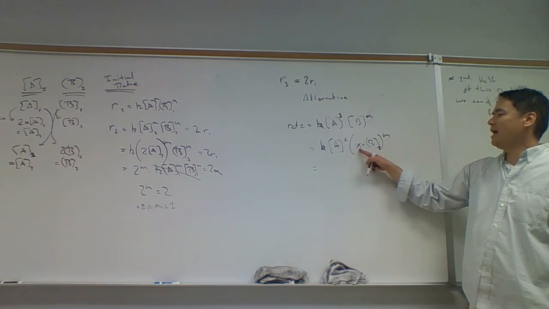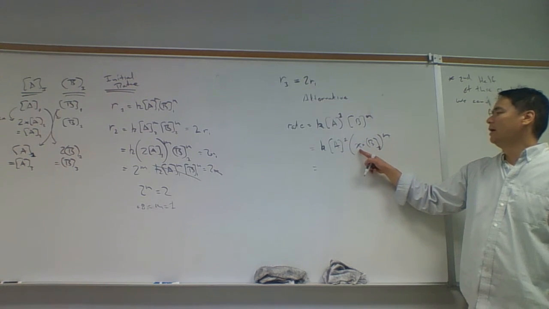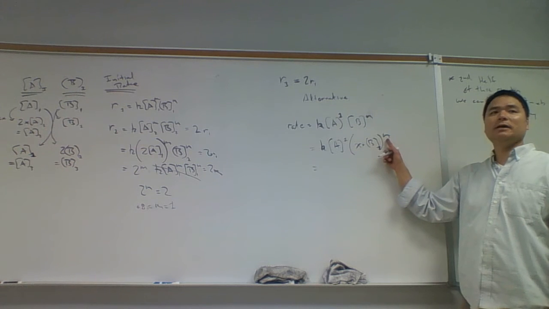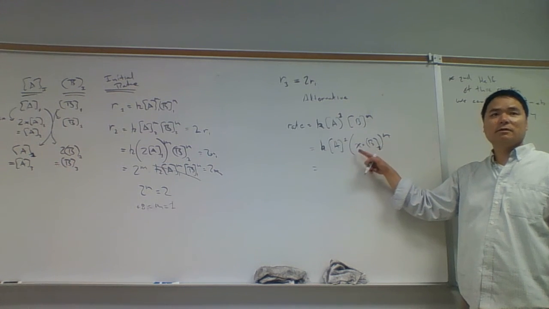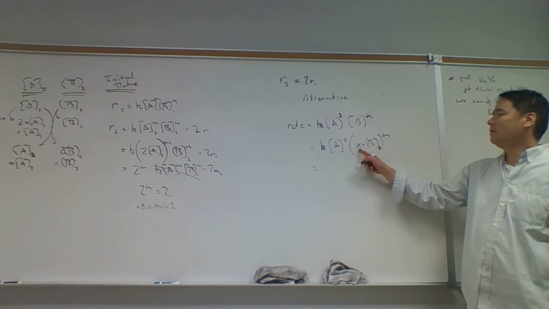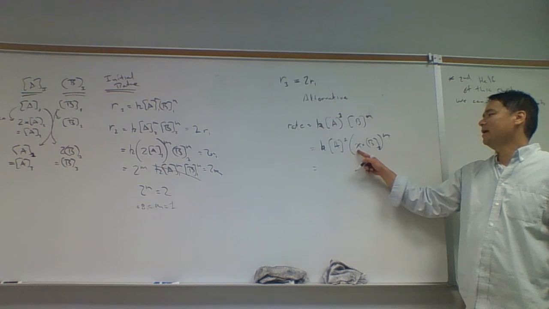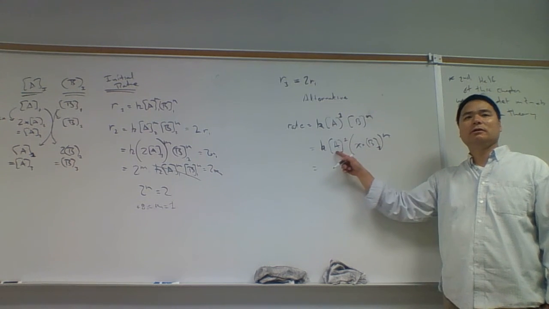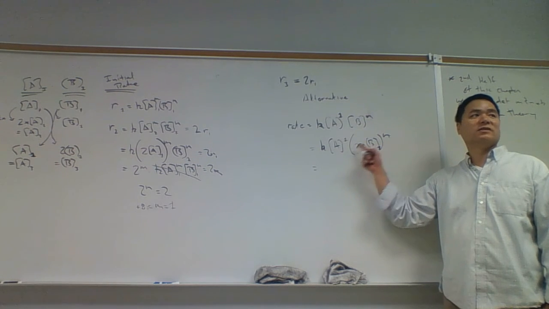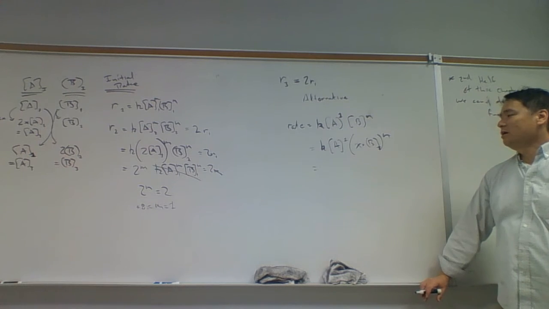If I double x, that is, I make x 2, and the rate quadruples, then n must be 2, because it would be 2 squared, right? If I double x and the rate goes up 8-fold, then n must be 3, because it would be 2 cubed. Does that make sense? And so this is the alternate way of doing it.